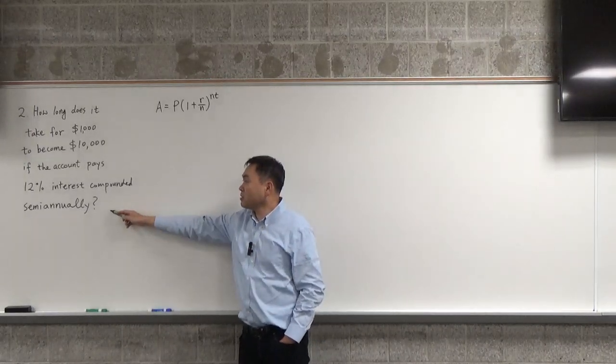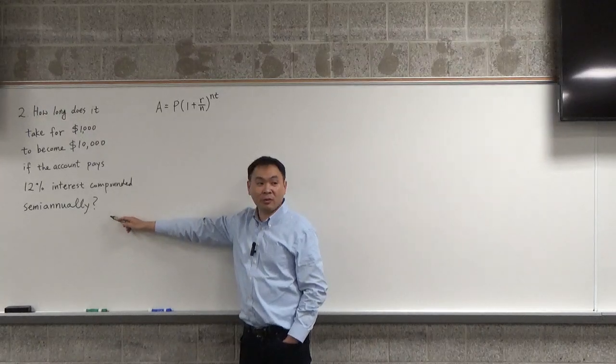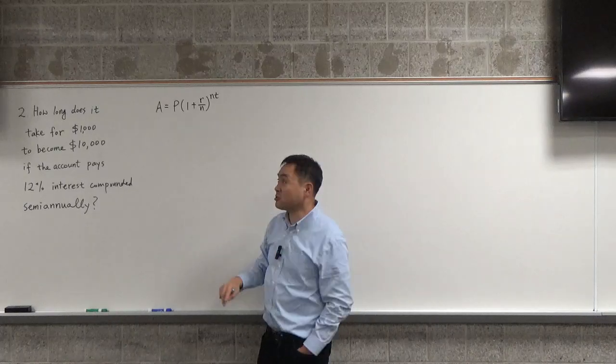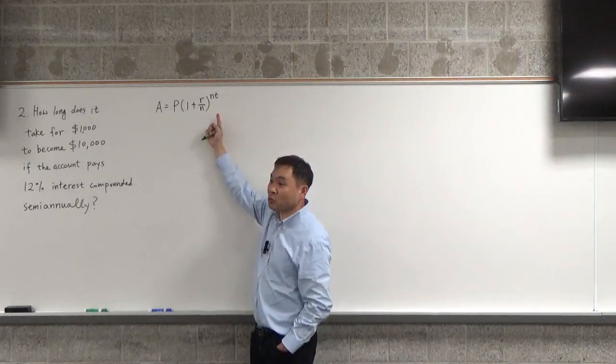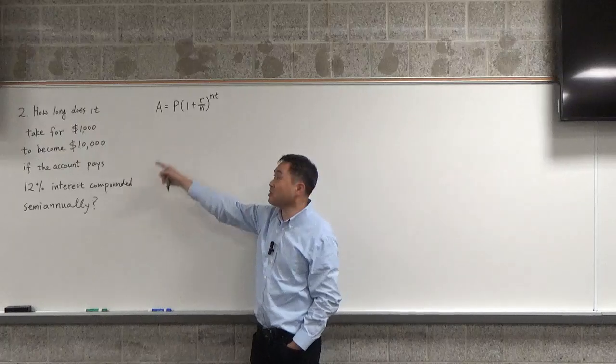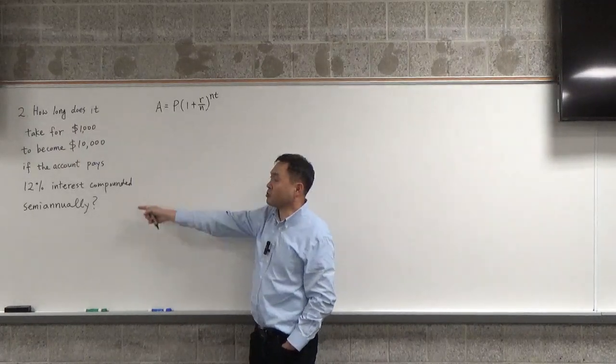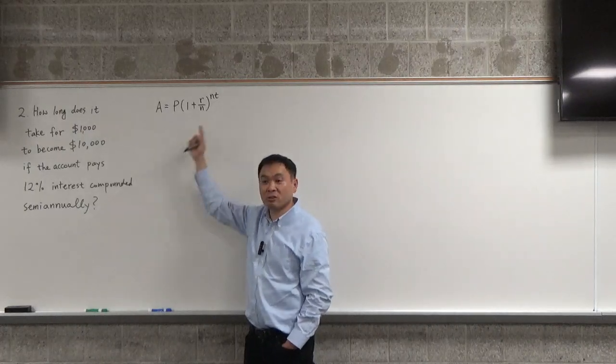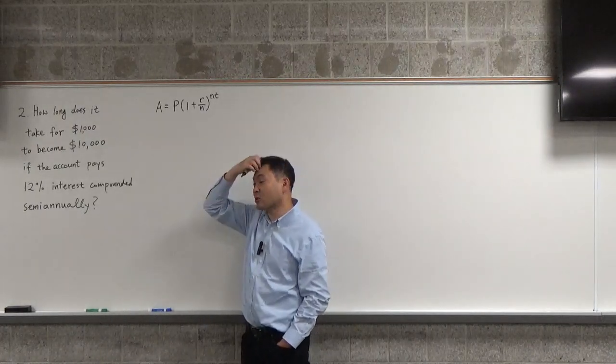So the interest is compounded every 6 months, which means you've compounded it twice. So in this question, n would be 2. Semi-annually, you use 2 for n. If it's quarterly, you use 4. If it's monthly, you use 12. You should know that.